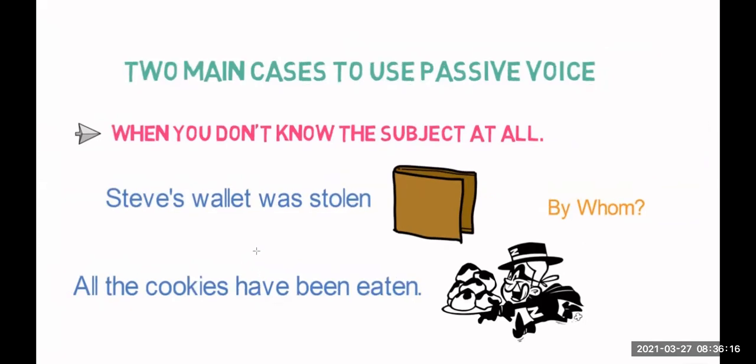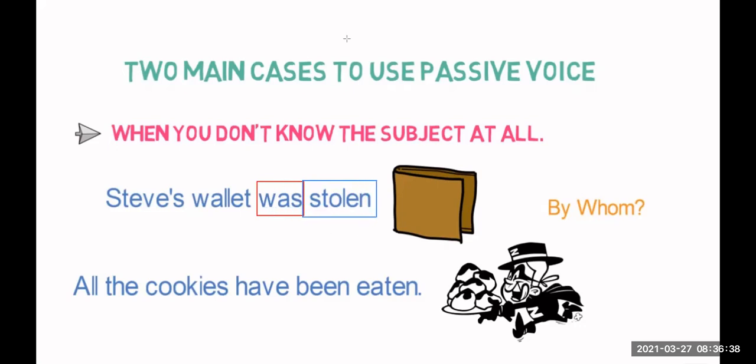Simple past, or past simple, right? Yes, simple past or past simple is the same. Because the verb to be is in the past, right? Remember that we always use a verb to be and a verb in the past participle form. This is my verb in the past participle.